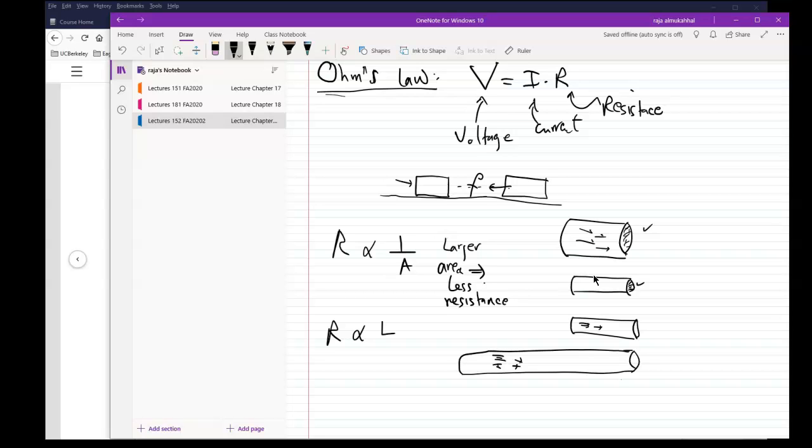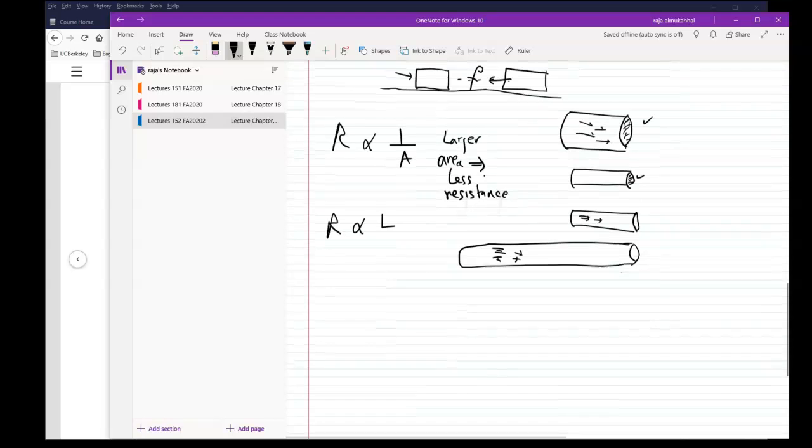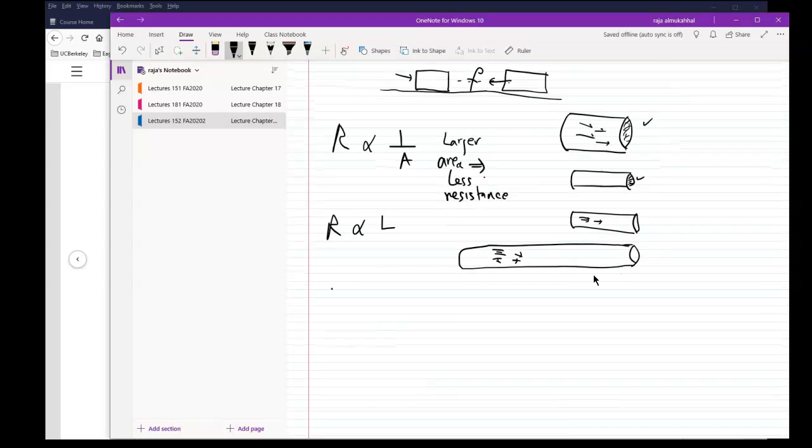So in other words, if I combine those two relationships together, I'm going to say that resistance is proportional to, I'm going to leave a little space here intentionally, is dependent on length over area. Okay?